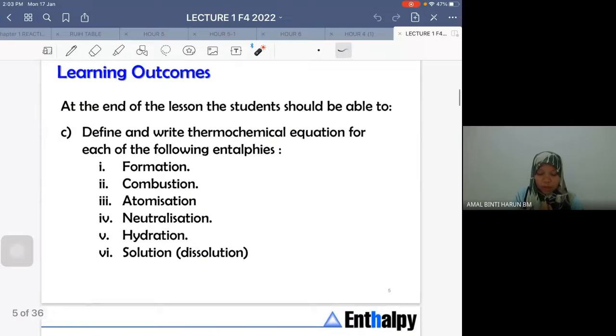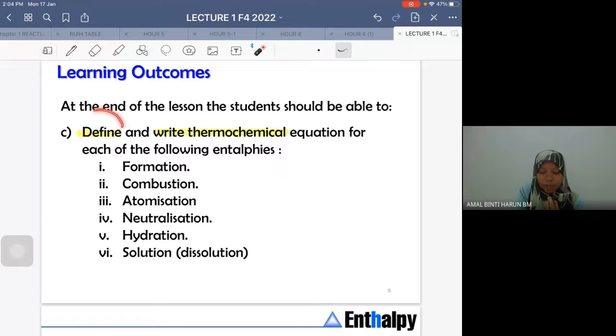Okay. The important things that I mentioned earlier is the definition and write the thermochemical equation. Here you need to really understand the definition and be able to write the thermochemical equation.